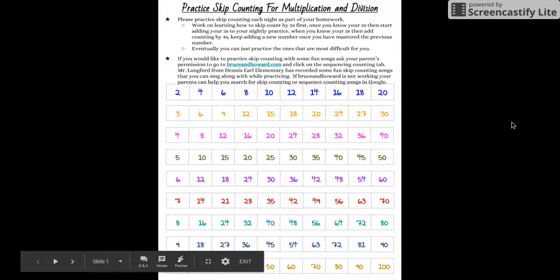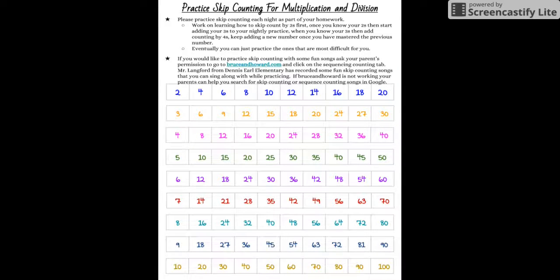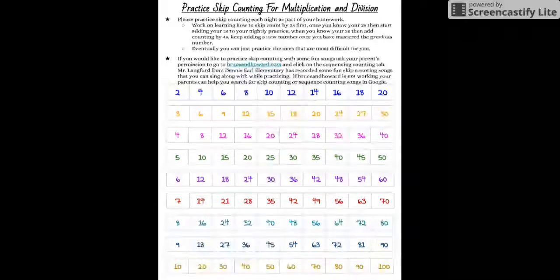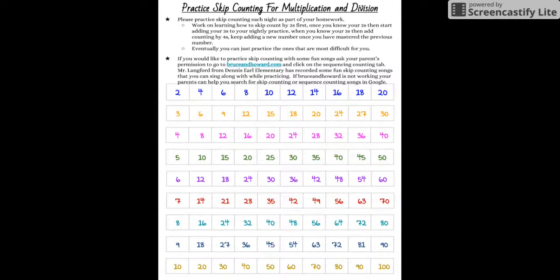The more automaticity that our students have with their skip counts, the easier it is for them to solve multiplication and division equations and to recognize relationships between numbers in multiplication and division equations and fact families. So we encourage them to practice their skip counting because skip counting is a very efficient way for them to solve multiplication and division problems that they don't know automatically.